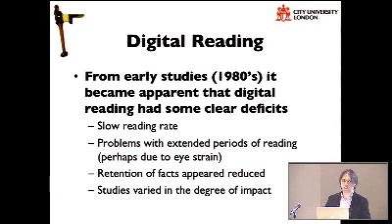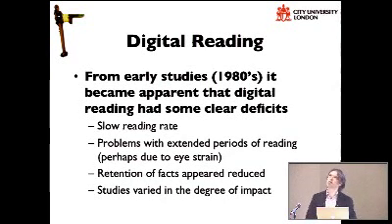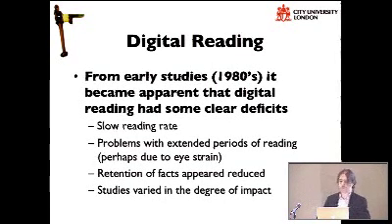This was hypothesized to be due to eye strain. Amber monitors, for those of you who can remember the early 80s, were more popular because they were easier to read than green. And also, bizarrely, and this one's still sort of being rumbled over, the retention of facts, not immediate comprehension, but how long you retain stuff afterwards, appears to have been reduced.